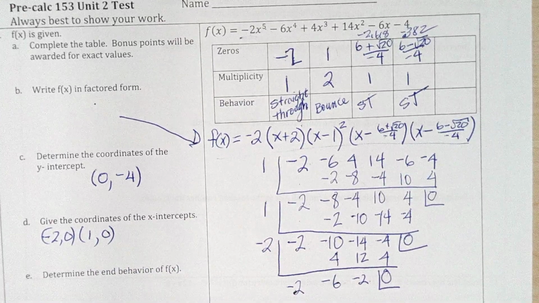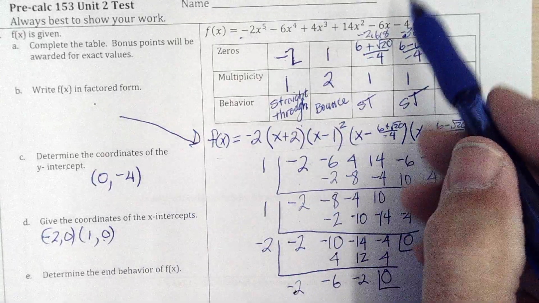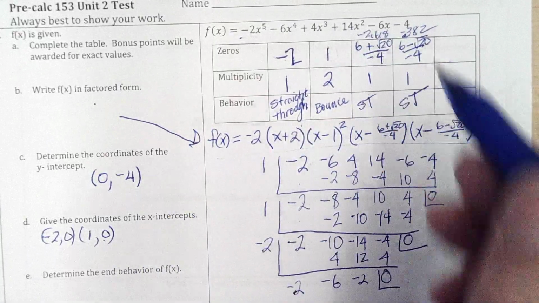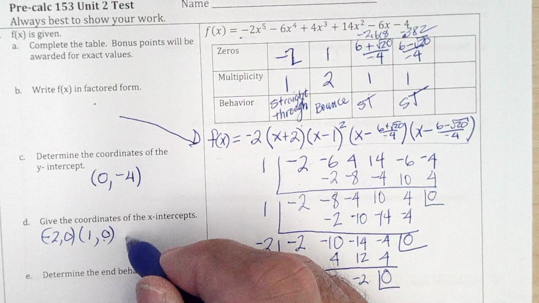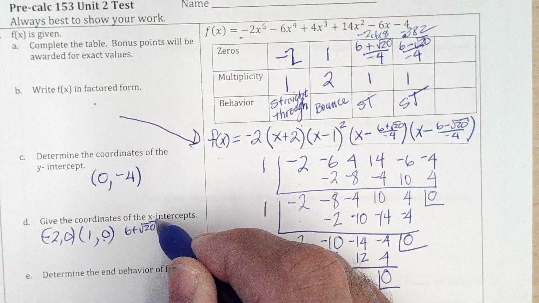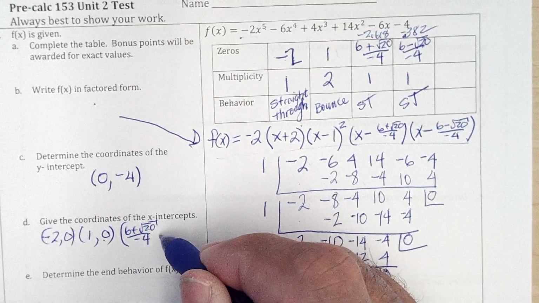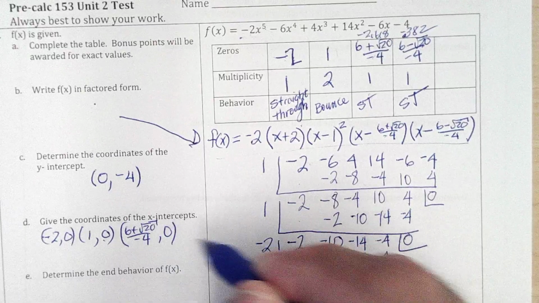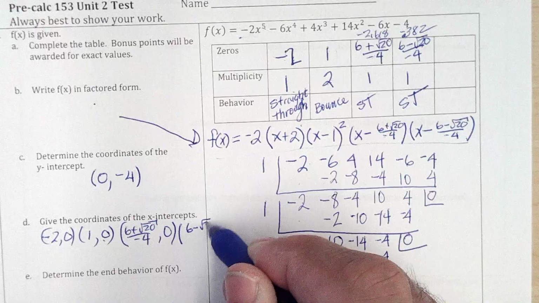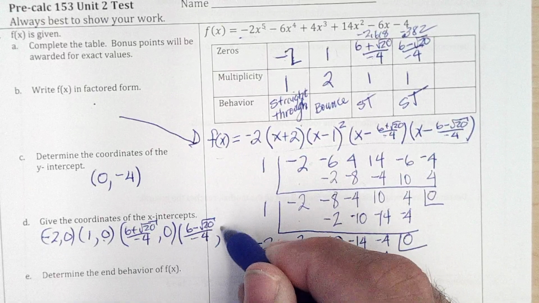It's a double 0, but that's still only one intercept. And then this, I allowed either version for the exact value: 6 plus the square root of 20 over -4, and that is reducible, but not requiring the reduction, and 6 minus the square root of 20 over -4, 0.